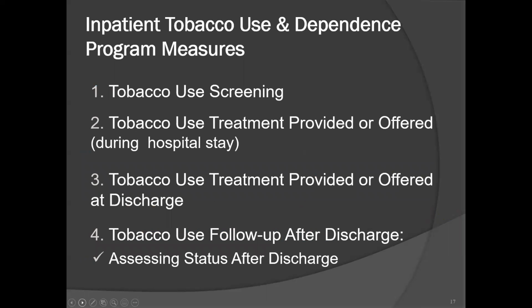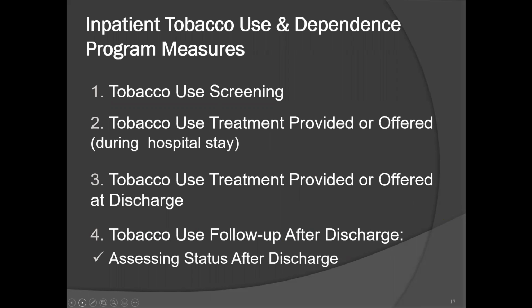Inpatient tobacco use and dependence program measures, some of the measures. So what do we mean by that? That statement was in the yellow for the preceding slide. Tobacco use screening needs to take place. And then tobacco use treatment provided or offered during the hospital stay, and tobacco use treatment provided or offered at discharge.